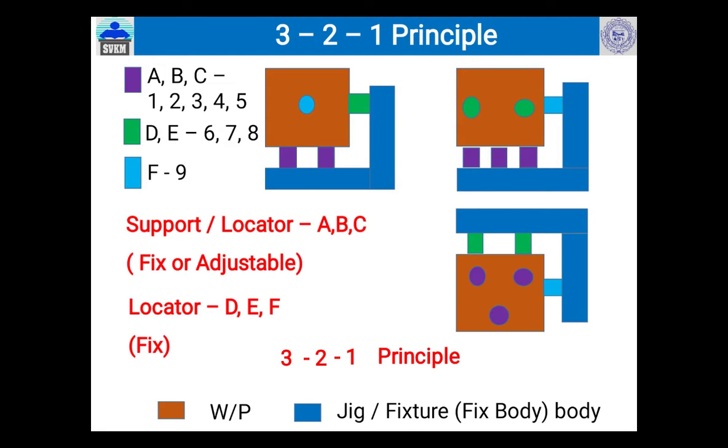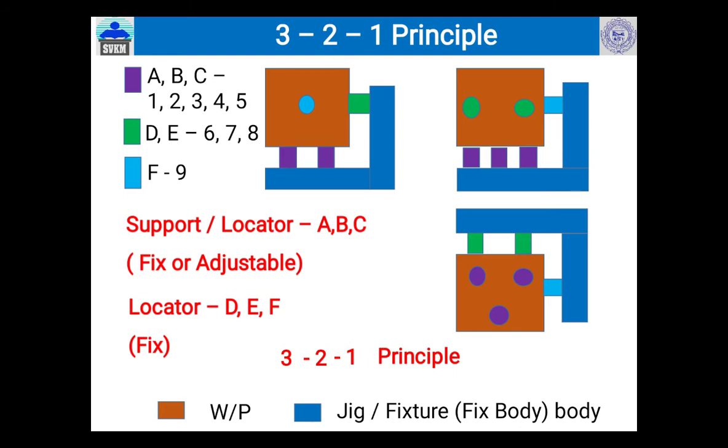So we can conclude that supporters are the elements which give support to the workpiece, and those may be fixed or adjustable with respect to their positions, whereas the locators are the fixed elements from where we maintain the required dimensions for machining.